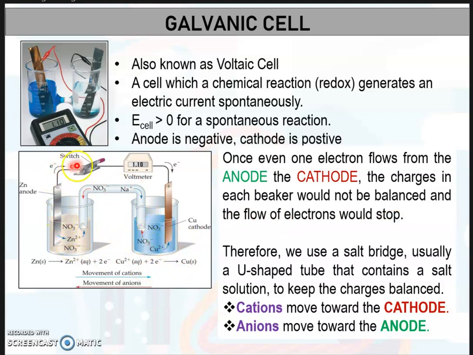If more electron goes to cathode, this side will become positive. So the negative ion will move here through the salt bridge. The positive ion will move here through the salt bridge. Therefore, we use salt bridge to keep the charge balanced. Cation moves toward the cathode, anion moves towards the anode.